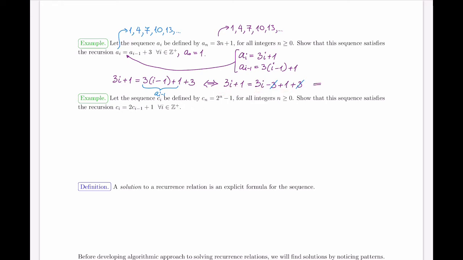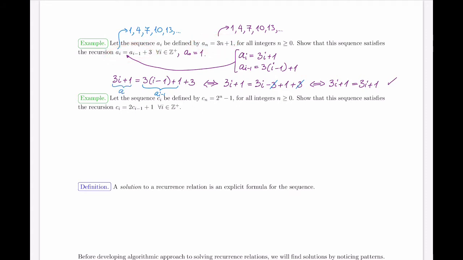So this is equivalent to 3i plus 1 equals 3i plus 1, which is of course true for any value of i in the positive integers. It's actually true for any value of i altogether. The reason it says positive integers here is because we wanted those to be our subscripts. Because this equality actually holds, the left-hand side is in fact the same as the right-hand side, which means that altogether these two different ways were in fact describing the same sequence.